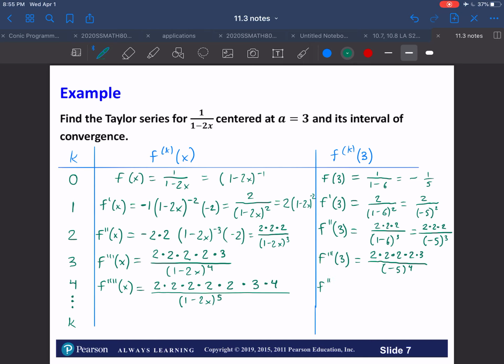And over here, we get that same numerator, a bunch of 2's. Let's see how many. There's 5 times 3 times 4 divided by negative 5 to the fifth power. Let me clean that up.